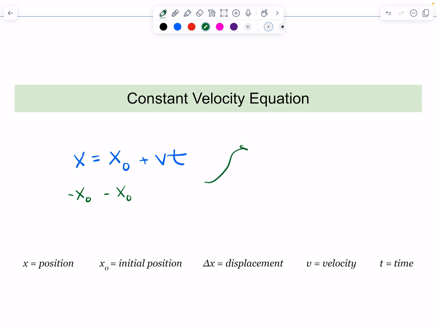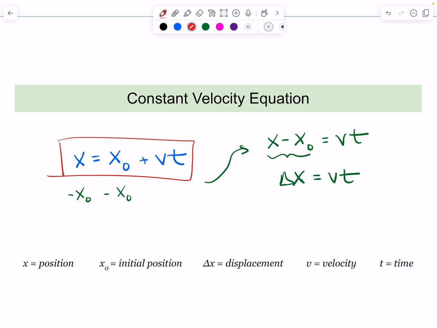So that would become x minus initial position is equal to velocity times time. And final minus initial we can refer to as delta x, or change in x, which is equal to velocity times time. So that's kind of two different ways of writing the same constant velocity equation.